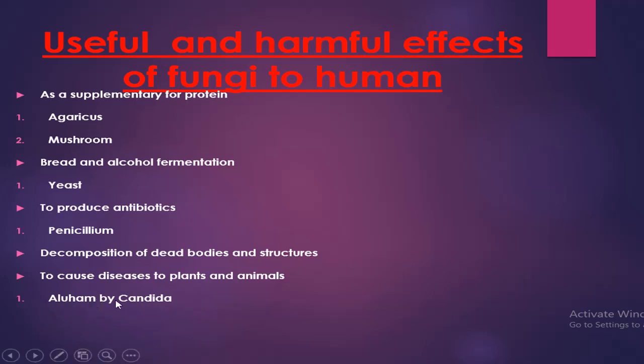An example is Candida. Next, potato late blight is a disease caused by fungi. Next is spoilage of food. Those are some useful and harmful effects of fungi to humans.